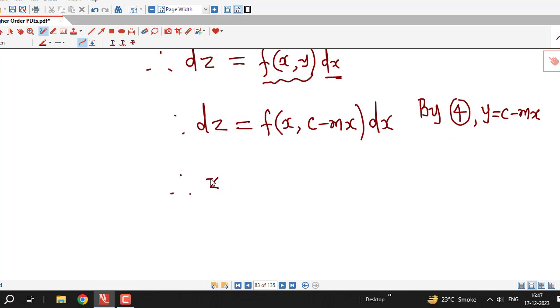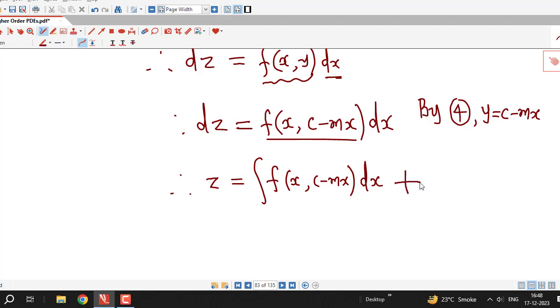So if we integrate both sides with respect to x, here I have the integral of dz with respect to z, which is z. Here f is an arbitrary function of x, so I keep this as it is, f of x comma c minus mx, integrated with respect to x, and another arbitrary constant can be written say b.